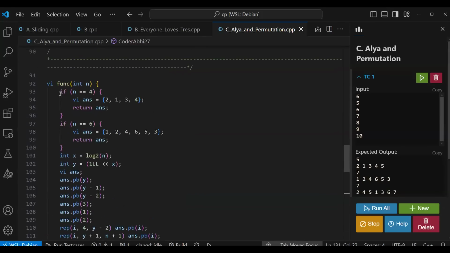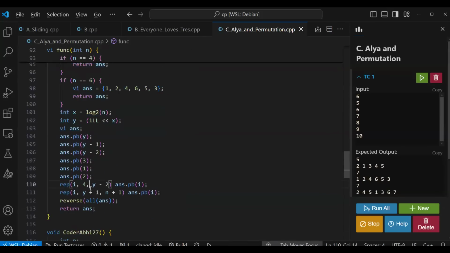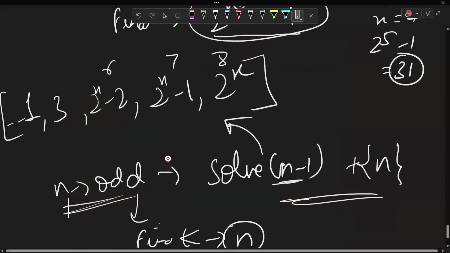Now let's see how I computed my answer. What I told you is that my last value is 2 to the power x. Before that, 2 to the power x minus 1, 2 to the power x minus 2. In my array, I am just pushing back from the last, so this as the first, second, third, and then I would just reverse it.